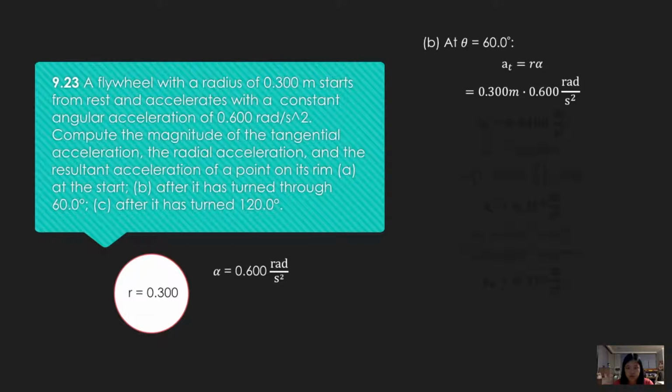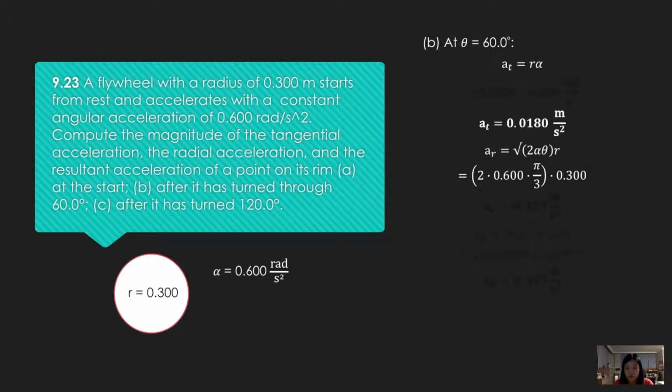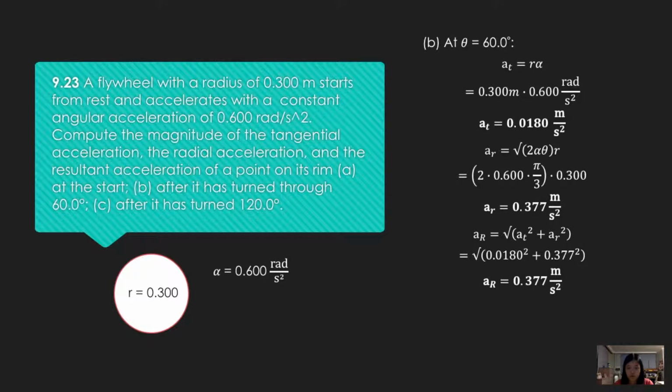So tangential acceleration, substitute the values again, you'll get the same answer. With radial acceleration, again, you'll get 0.377, and resultant, substitute again, and you'll get 0.377 meters per second squared.